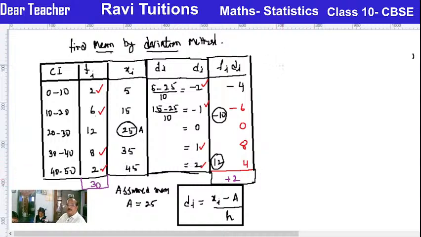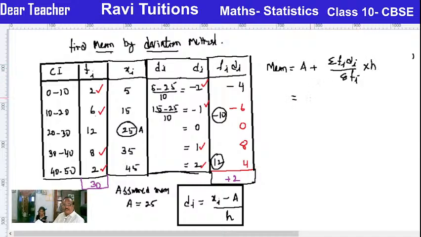So now formula for mean is equal to a plus sigma fi di by sigma fi into h. What is the formula?